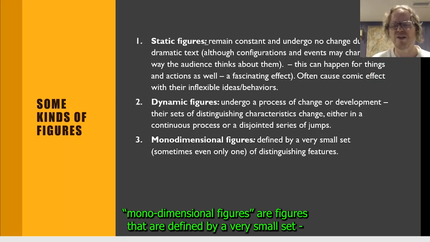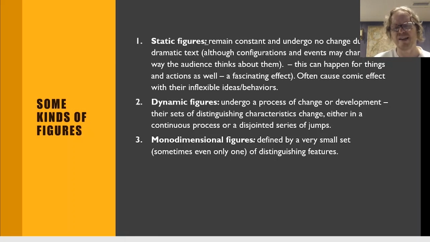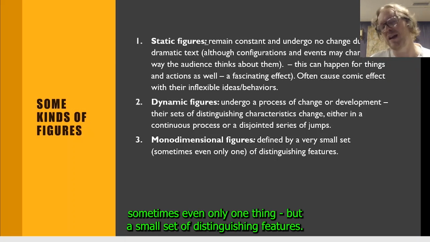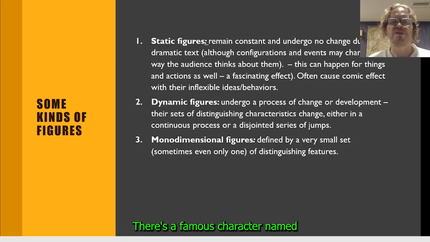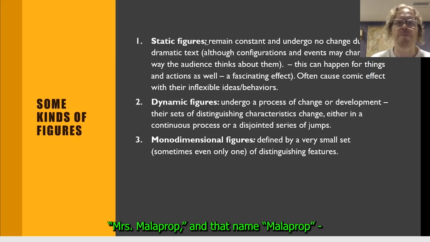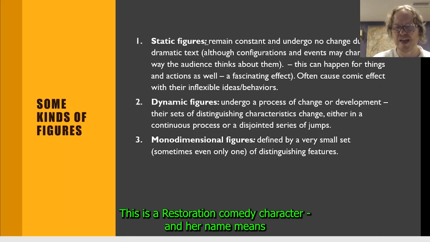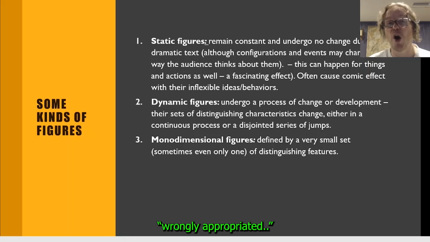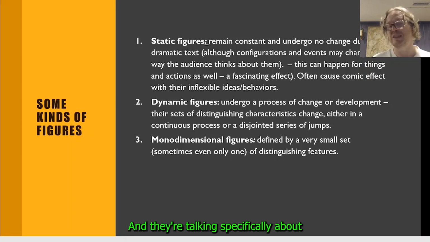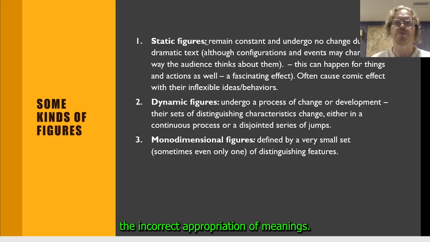Monodimensional figures are figures that are defined by a very small set, sometimes even only one thing, but a small set of distinguishing features. There's a famous character named Mrs. Malaprop, and that name Malaprop, this is a Restoration comedy character, and her name means wrongly appropriated. And specifically, they're talking about the incorrect appropriation of meaning.